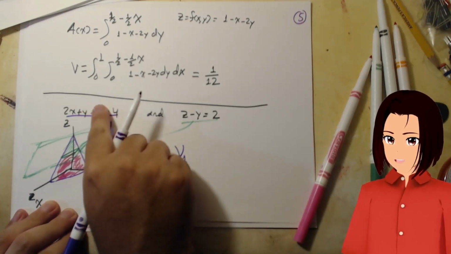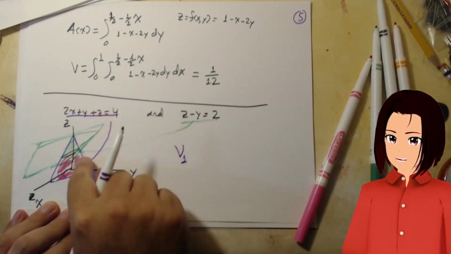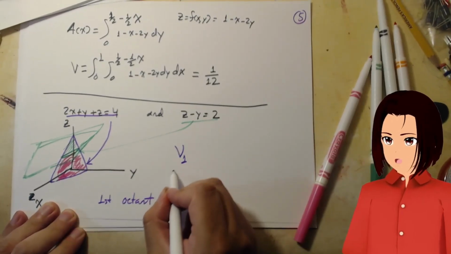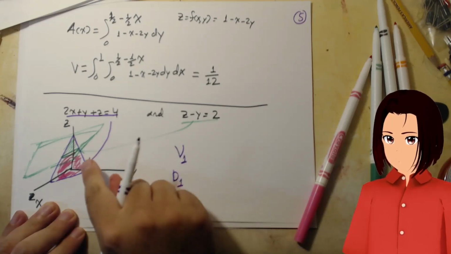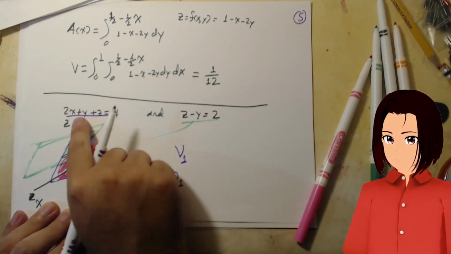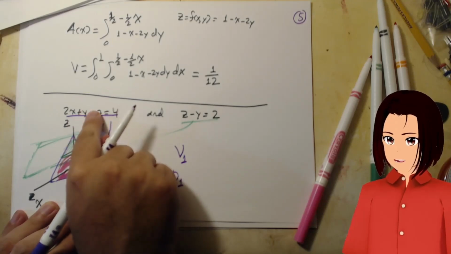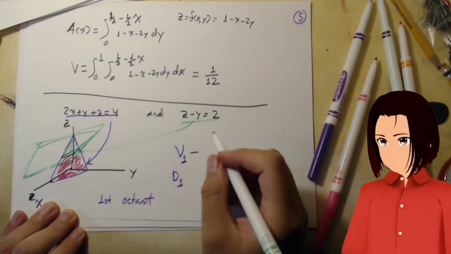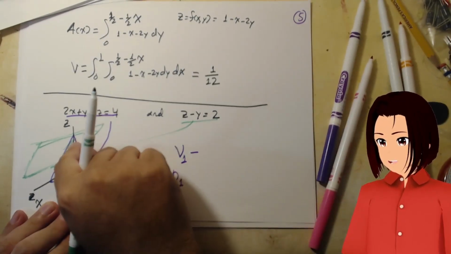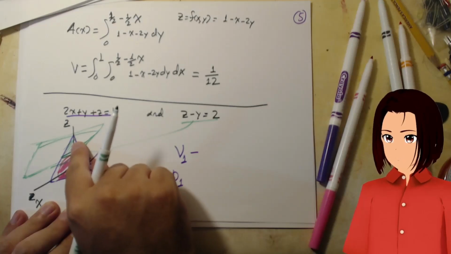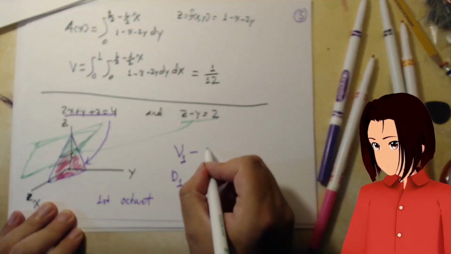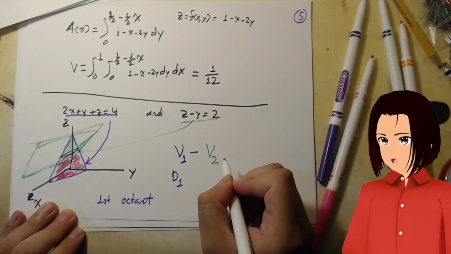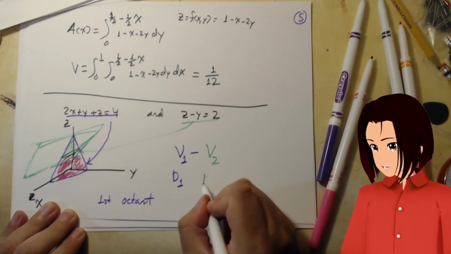This guy gives us the first volume because it's just the base, the D, which would be our D1, the base of this guy, and under this plane, minus the tetrahedron from this green guy, which would be volume 2, and that would be our D2.